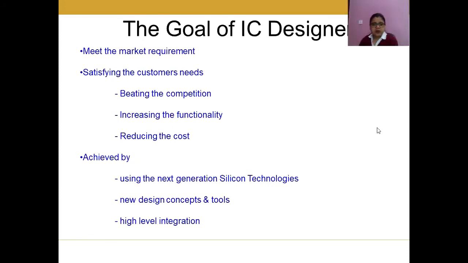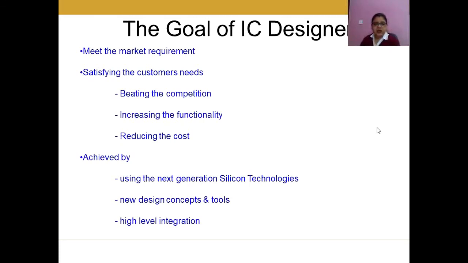If we are talking of customer needs, then beating the competition, increasing functionality; each and every person wants that with one gadget, he or she can explore a number of things. Then reducing the cost. Obviously, nobody will pay lakhs or even more for various gadgets. They always look to their pocket first.